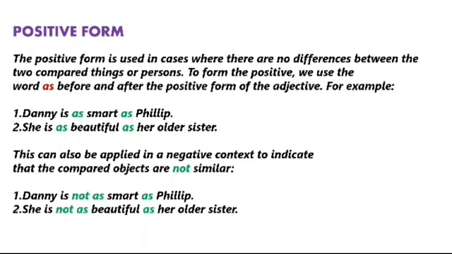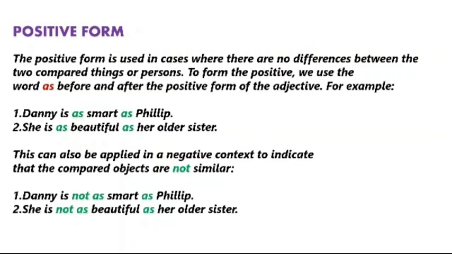She is as beautiful as her older sister. This can also be applied in a negative context to indicate that the compared objects are not similar. For example, Danny is not as smart as Philip, or she is not as beautiful as her older sister.